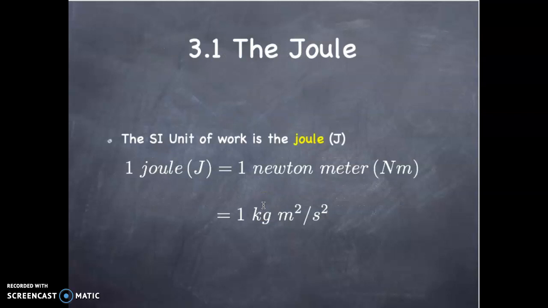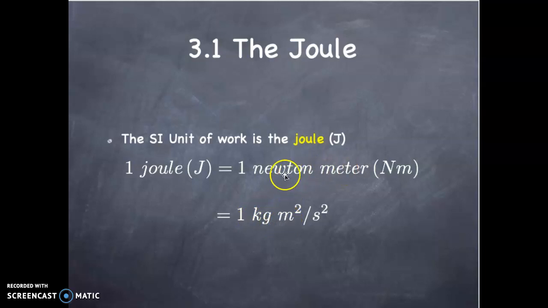Now, what is the unit of work? The SI unit of work is the joule, joule. So 1 joule is equal to 1 newton multiplied by 1 meter. 1 newton times 1 meter is equal to what we call a joule, a J, and we use capital J. But newton is a derived unit, which is a kilogram meter per second squared.